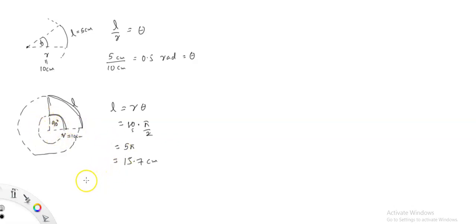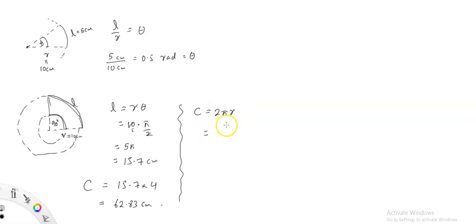So the total length or circumference will be 15.7 times 4, which equals 62.83 centimeters. But we know that circumference can be found this way, 2 pi r.